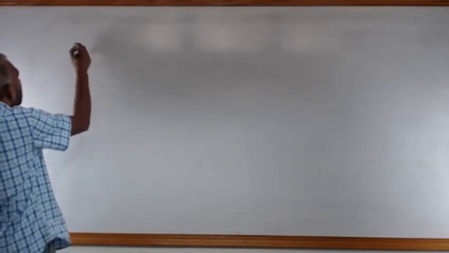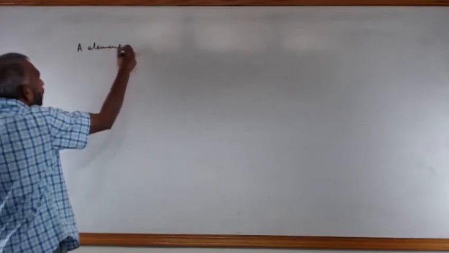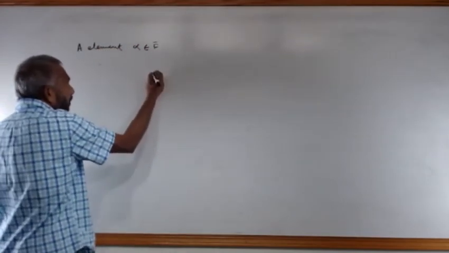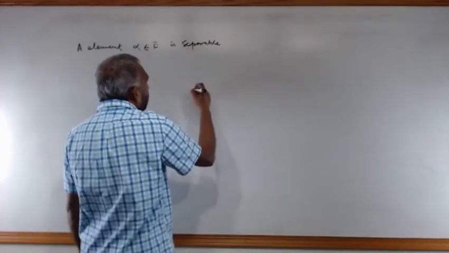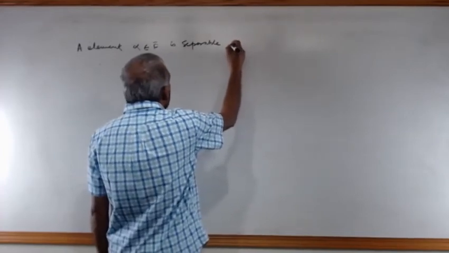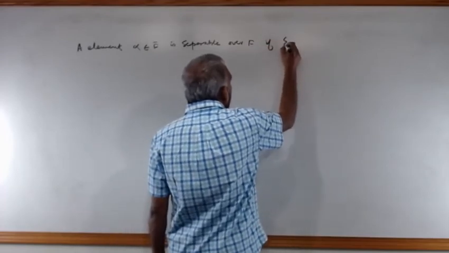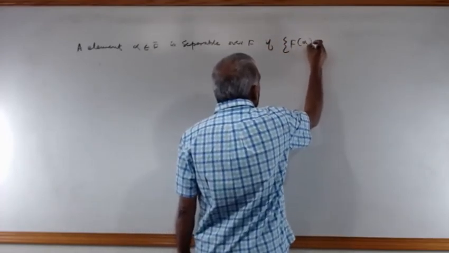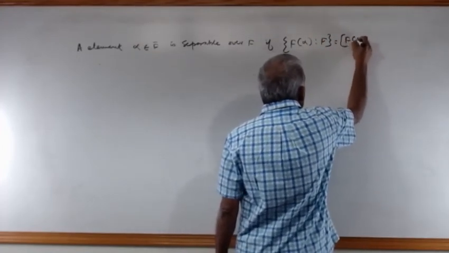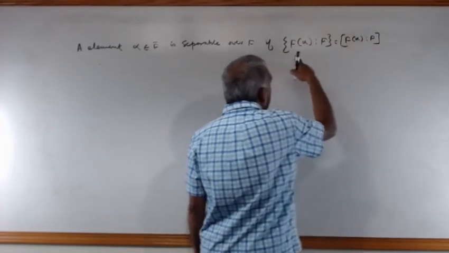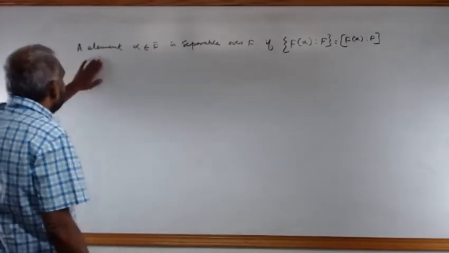So an element alpha belongs to F closure is separable over F if the index of F(alpha) over F is equal to the degree of F(alpha) over F. That is the second definition of the separability.